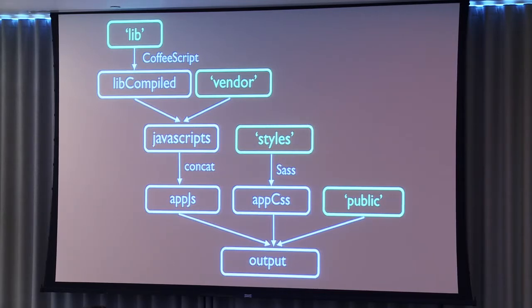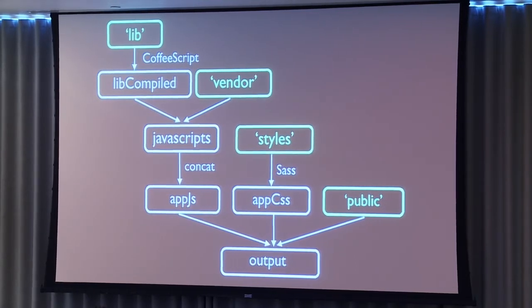It's going to notice that 99 of the files haven't changed, and it's going to pull their build output from its internal cache. So the one file that has changed, it's going to rebuild, and the 99 files that haven't changed, it just symlinks into place from its internal cache. And that way, the CoffeeScript compiler ends up being very fast.